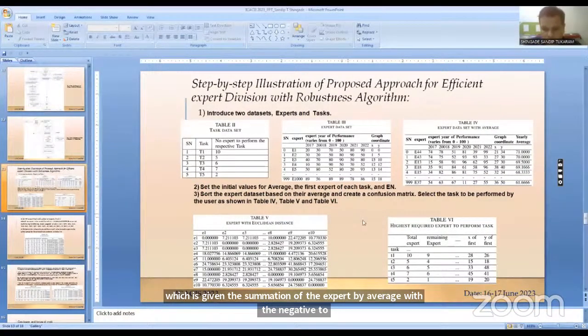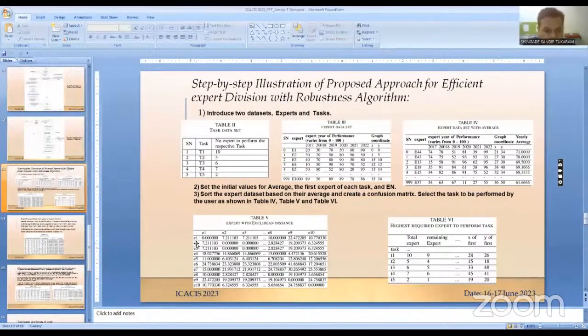If you see table 4 and table 5, we have to find the task of 10, that is the first task. We find the equivalent distance from all distances, and we choose the minimum equivalent distance. So we find alpha 1 to alpha 9, which gives our value of B, and our average from E1 to E10. So we get the value C equal to A plus or minus B, which gives the highest average value.